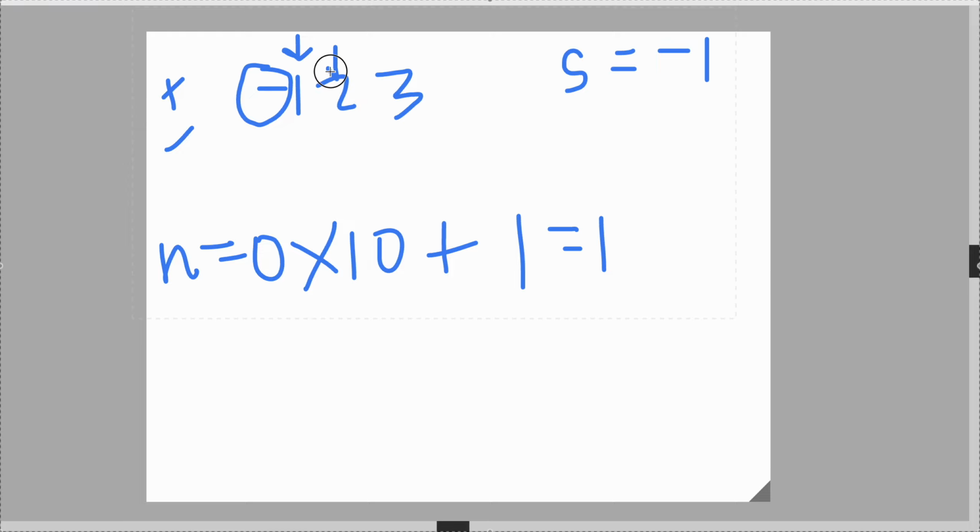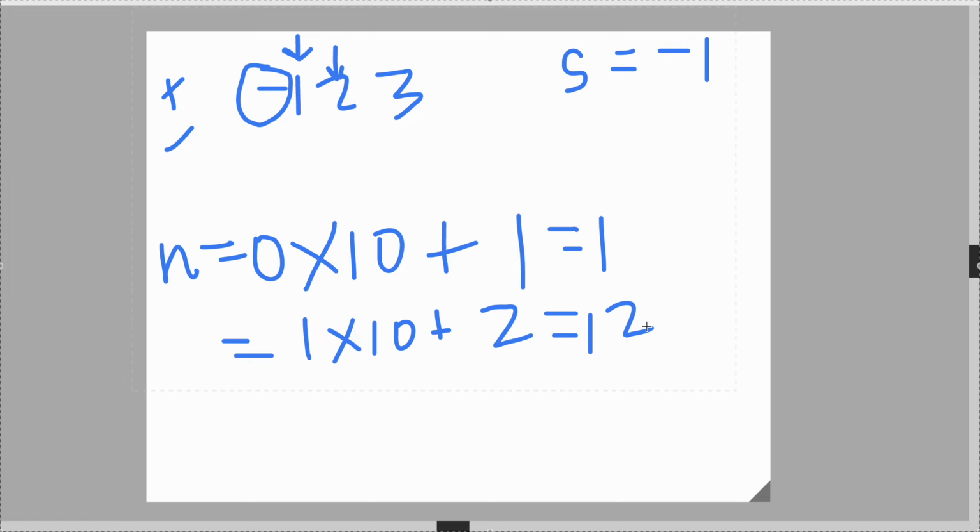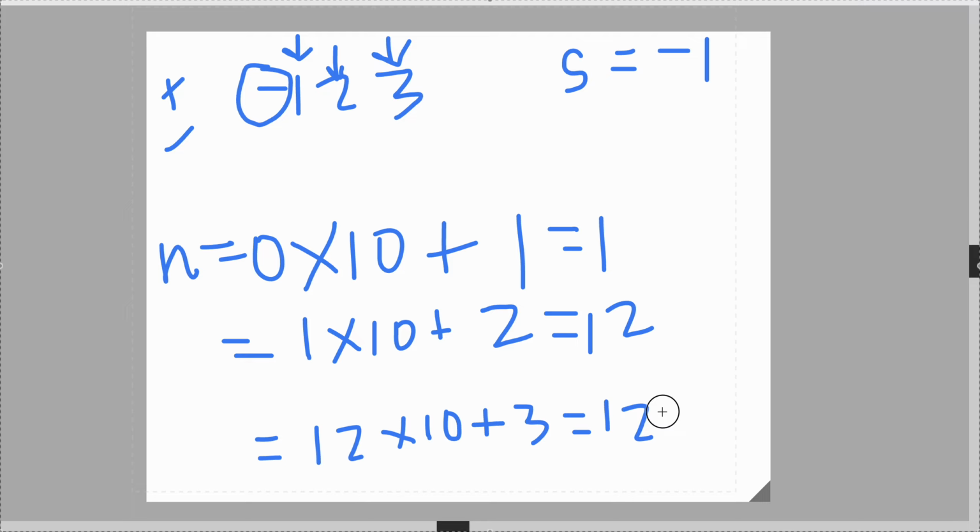And we move to the next index, which is 2. So now it is 1 into 10 plus 2, which will give us a value of 12. Now we move to 3, and this will be 12 into 10 plus 3, which is equal to 120 plus 3, which is 123.